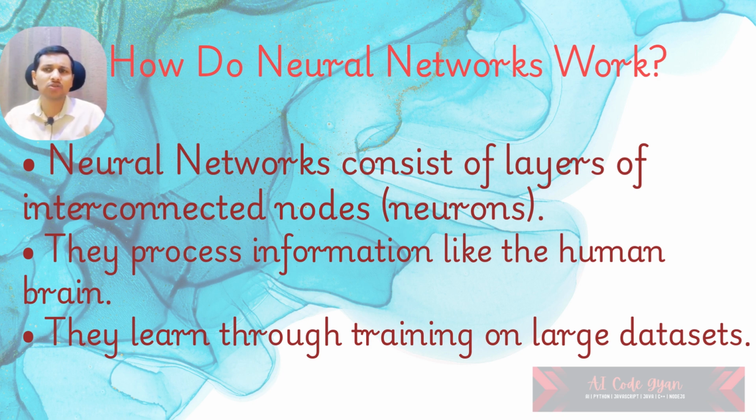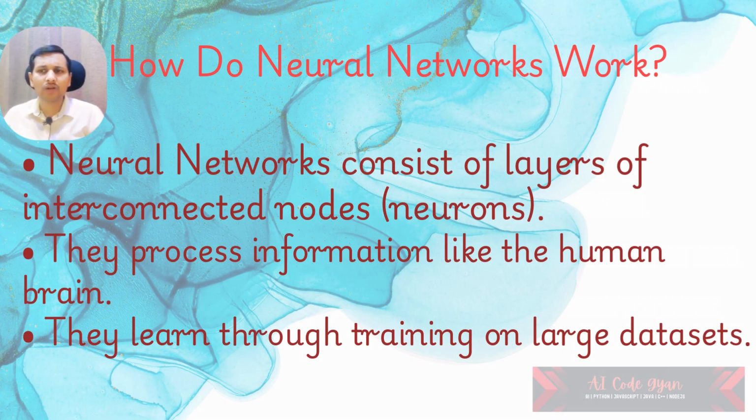Neurons are the basic unit of neural networks, which process information like the human brain. A neuron stores a value from 0 to 1, which you can say is a probability. This is called activation, and this is the probability which is stored in the neuron, and they learn through training on large data sets.